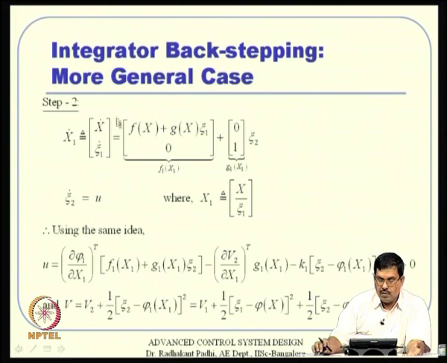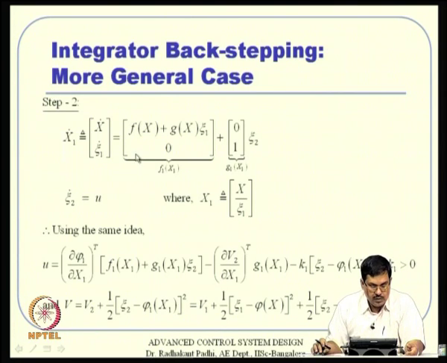You consider this part as something like f1 of x1, where x1 is x and xi1 together, and there is a xi2 term here, so I will put it there. So x1 dot is f1 of x1 plus g1 of x1 times xi2, with x1 defined like that.